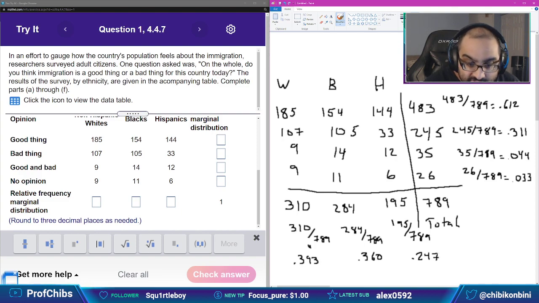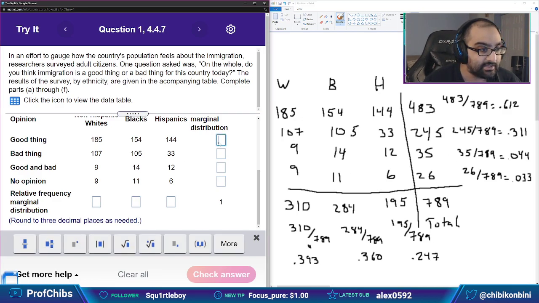Alright, if I messed up anywhere, please let me know. Hopefully you got these same numbers when you tried it out on your calculator. Let's see if we got the right answers there. 26 over 789. Did I get 0.033?